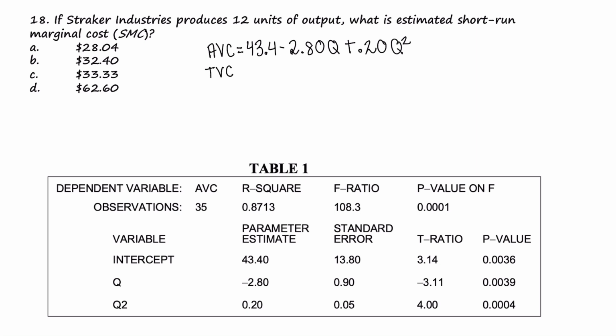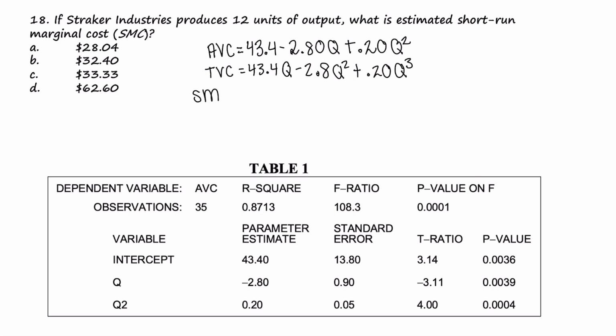Total variable cost, we're just multiplying our average variable cost by Q. So we're going to get 43.4 Q minus 2.8 Q squared plus 0.20 Q to the third.